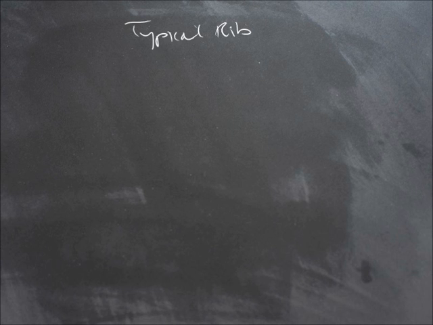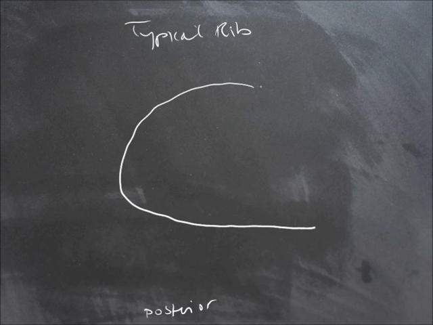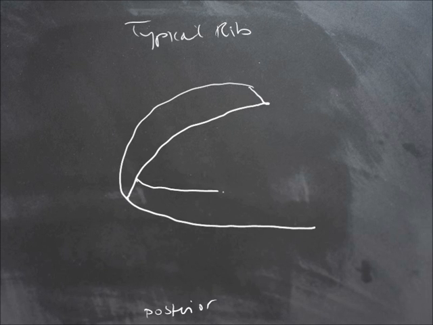So remember, we're looking from the posterior. Just sort of a diagram more than an artistic rendering. Okay, so here's our rib. This is the posterior surface, this is the internal anterior surface.